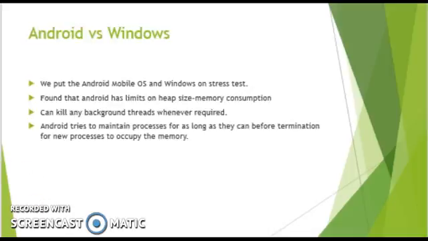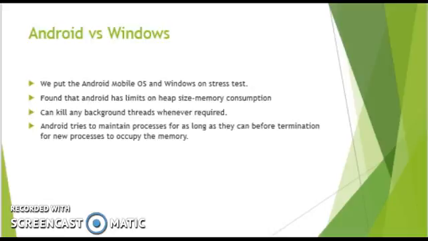We will now compare Android versus Windows and how they compare to each other. Fortunately, I was able to find a research study that was done on these two operating systems. It tested both Android and Windows in a stress environment, running programs constantly and with heavier loads every time.